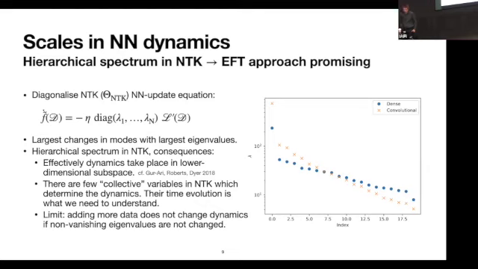This has consequences that have been noted before. If you only have a few large eigenvalues and you diagonalize this update equation, it means that the largest updates are associated with the largest eigenvalues. If you only have a few non-vanishing ones, then you only update in these directions. So effectively the dynamics take place in a lower dimensional subspace, which means there are a few collective variables which determine the dynamics.